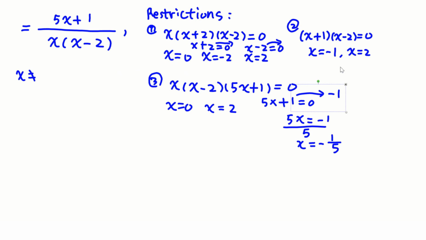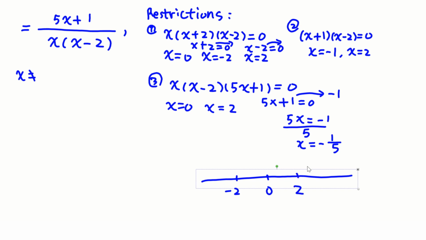So we look at the number line: 0, negative 2, positive 2, negative 1, 0, 2, and this one negative 1 over 5. Then we write it this way: negative 2, negative 1, negative 1 over 5, 0, and positive 2.